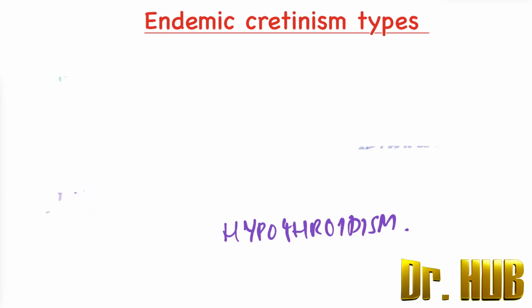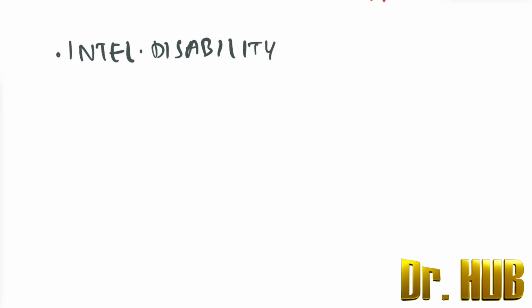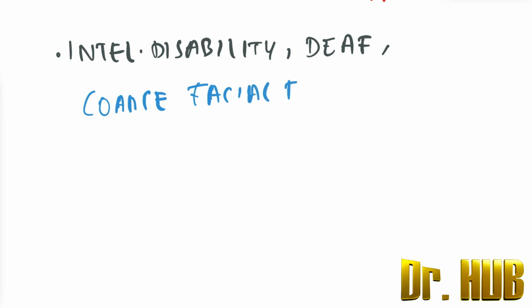Then what are the other features? In the mixed edematous type, there is intellectual disability and there is also deafness, coarse facial features, as well as the presence of myxedema.